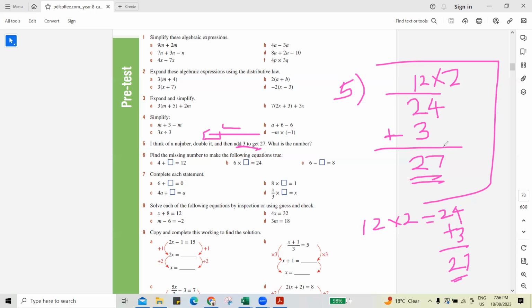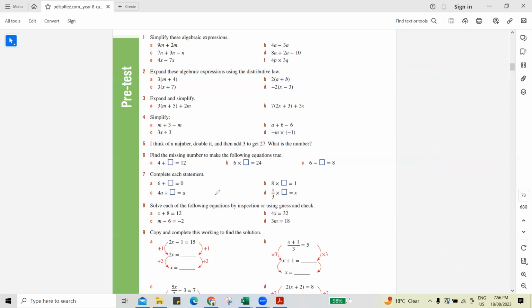I'm done. Done, right? Now, next one, we are going to fill the blanks box. Missing number. Then equation. Now we are going to build the equation. 4 plus, here 8. Here 6 times 4.